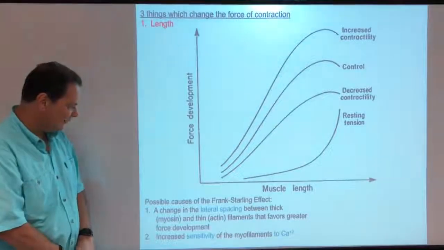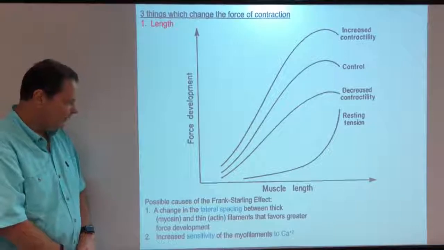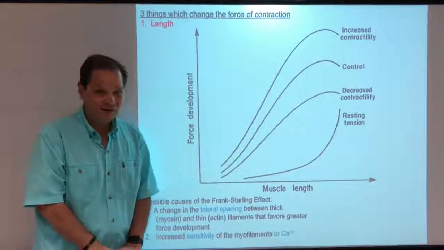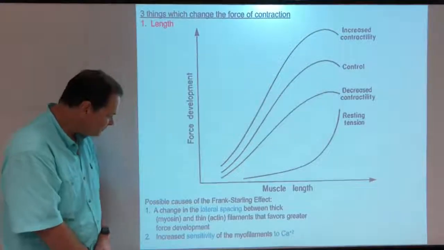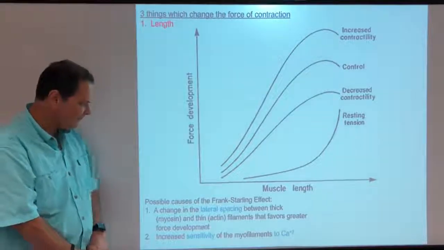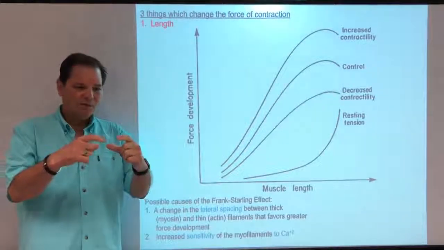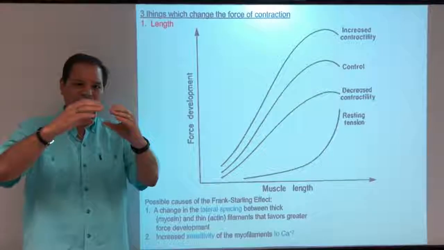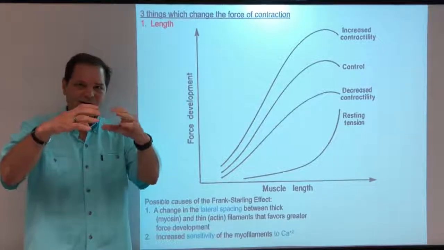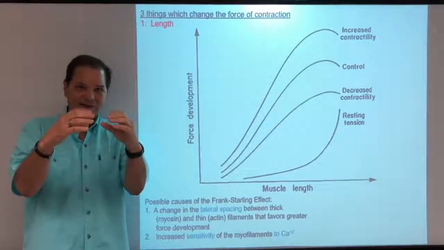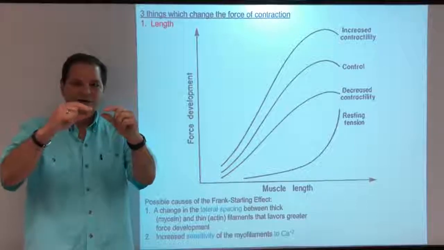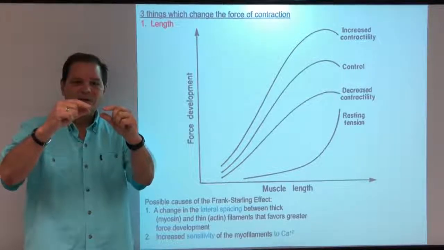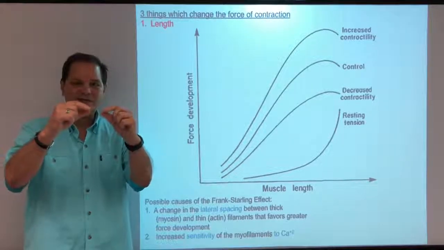This has been known for many, many years, more than a century, but believe it or not, nobody is entirely sure why it happens. Some people claim, one hypothesis is that when you stretch the muscle out, it squeezes the muscle down so the width kind of gets less, and as the width gets less, you move the myosin and the actin closer together.